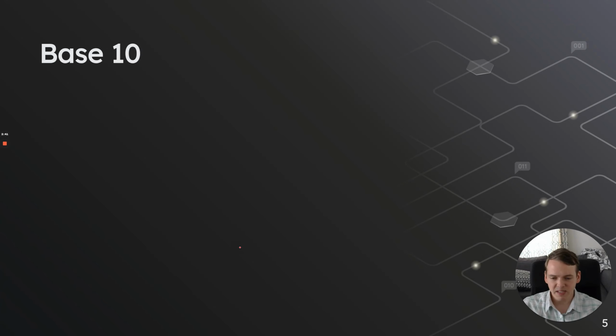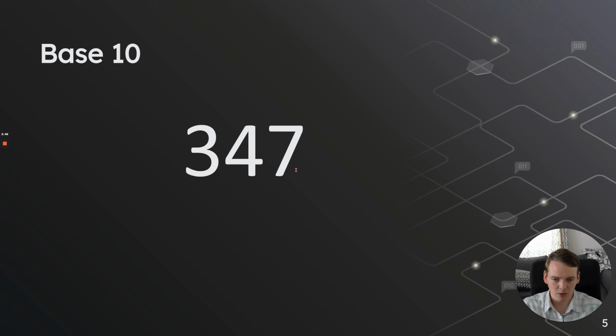So let's look at some of these examples and what they mean. So in base 10, the number 347 here represents 7 groups of 1. So the far right digit we always represent as 1s, right?